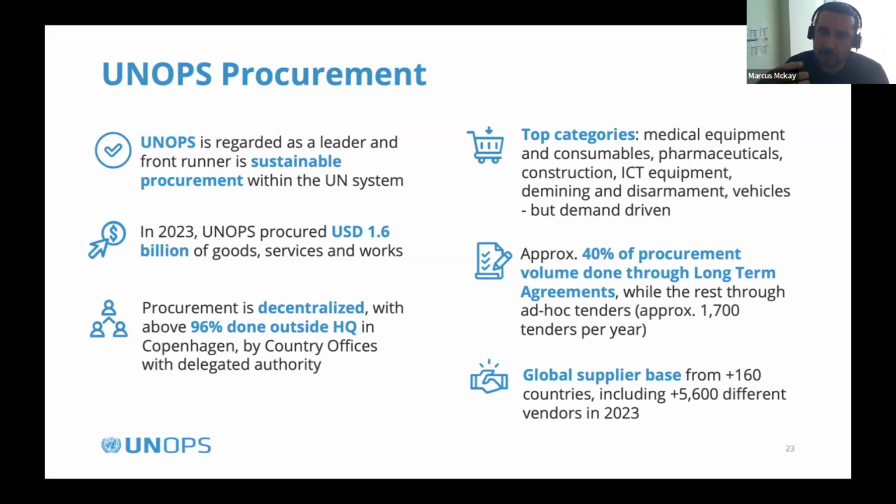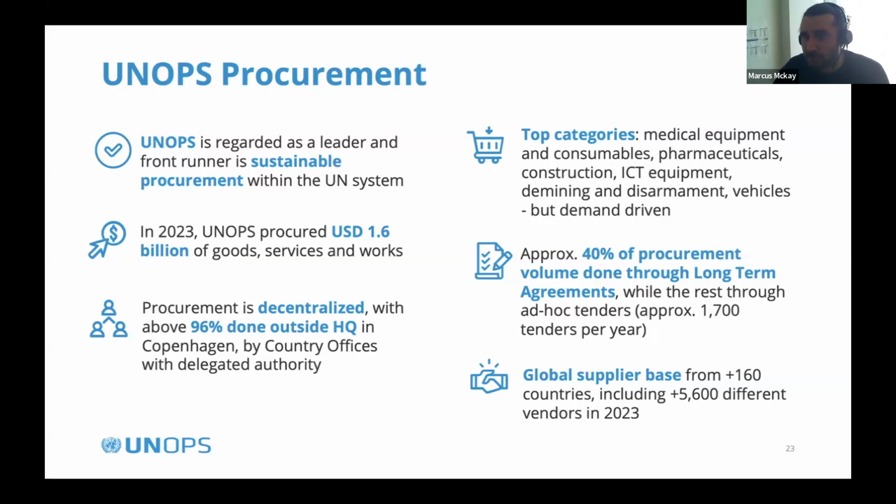That's also to reflect the importance of things like supply chain impacts and namely emissions and carbon in the supply chain as well. So this is one of the steps that UNOPS took in order to try and drive sustainability activities through procurement by the establishment of a dedicated team. And we have additional resources to support this as well.